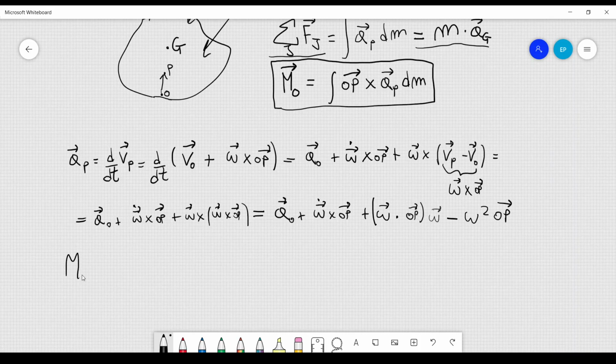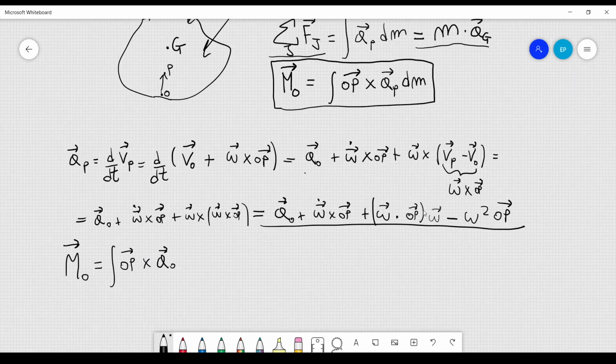So the total moment with respect to the point O can be rewritten as the integral of OP cross product AO. I'm substituting this expression here, remember. Then I have plus OP cross this.